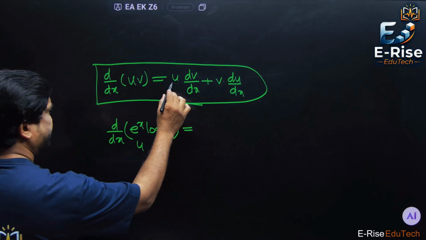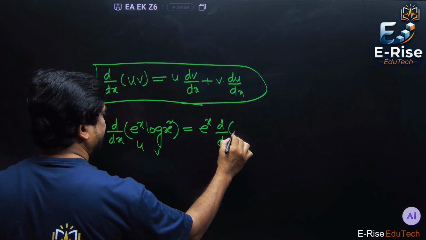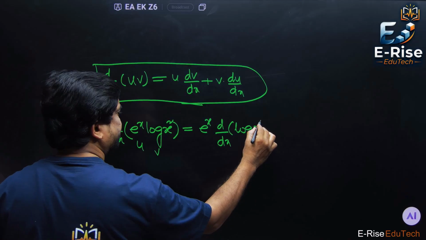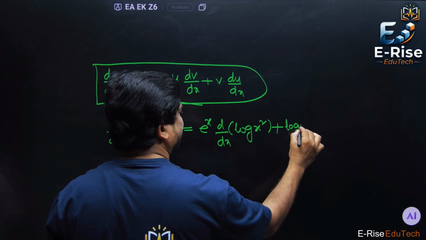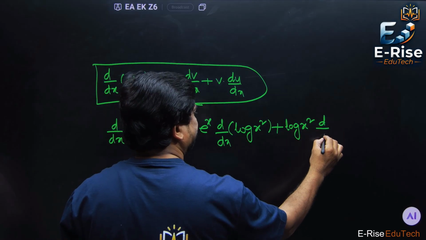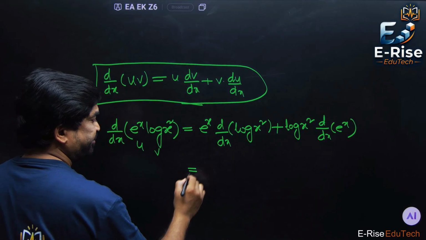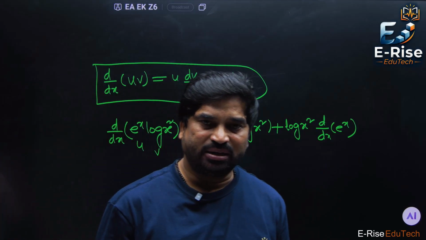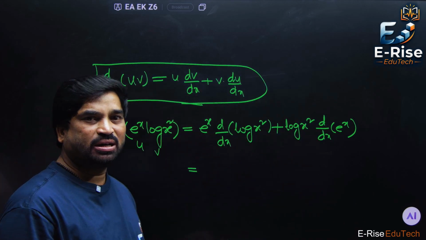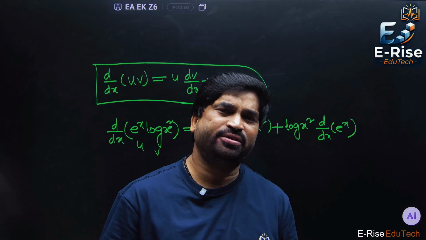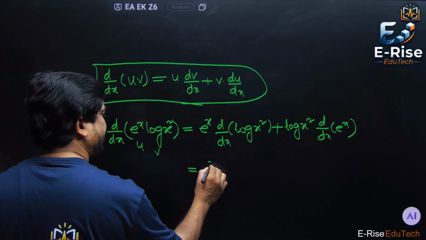So u is e power x into d by dx of log x square, plus v, v is log x square, d by dx of e power x. So internal differentiation is there. Be careful about that. The danger is if you forget the internal differentiation, you get a wrong answer anyway. Okay. Careful about that. d by dx of e power x is e power x.